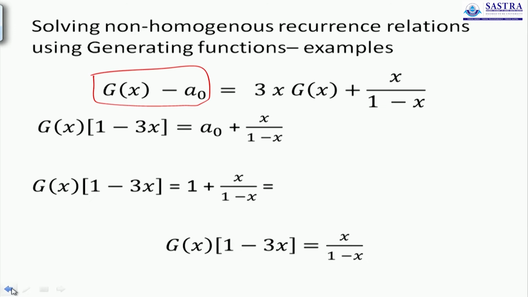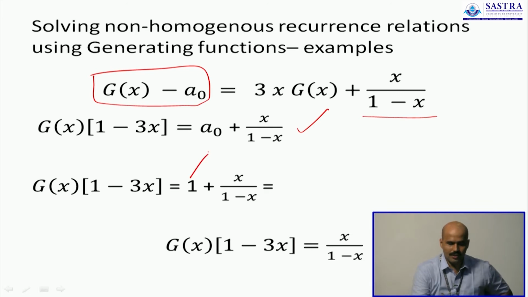The LHS is g of x minus a naught, the first summation is 3x times g of x, and then you have x upon 1 minus x. Grouping together all g of x terms, we have this answer, and the question also gave us the initial condition that a naught was 1, so you can have a naught replaced by 1.